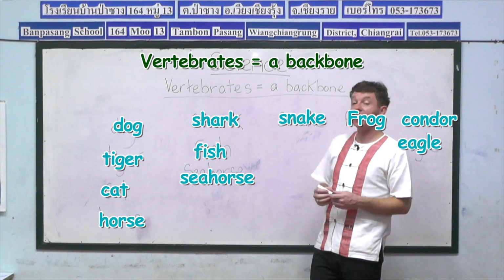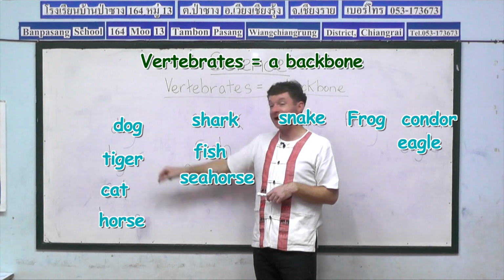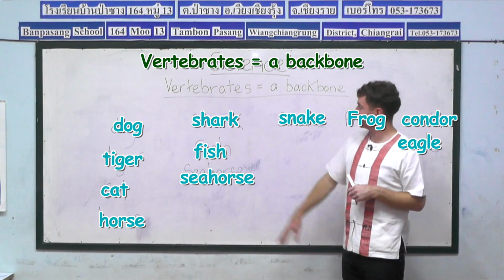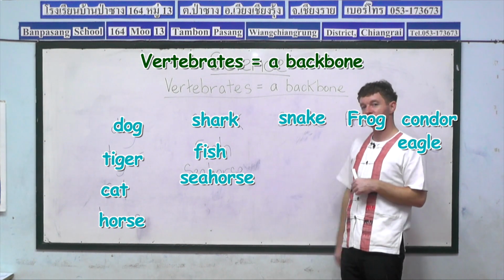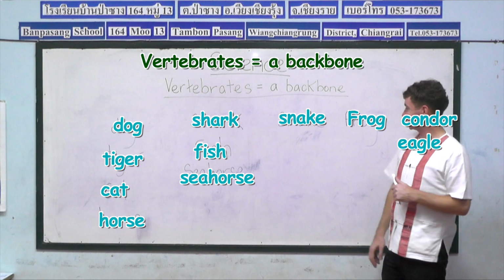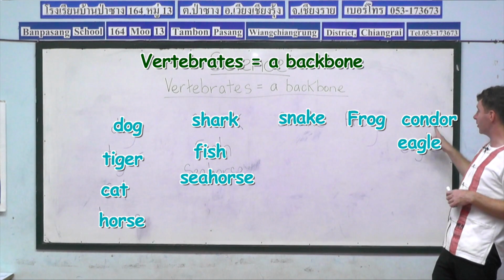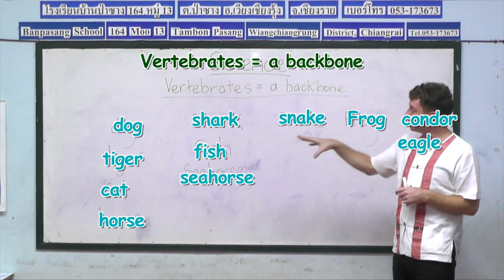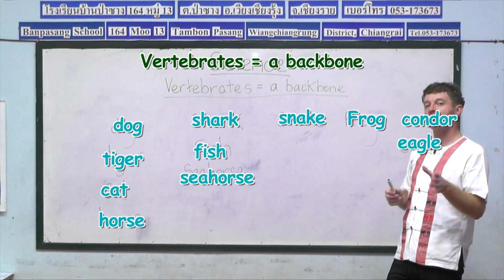S-E-A-H-O-R-S-E. Okay, so far we have dog, tiger, cat, horse, shark, fish, seahorse, snake, frog, condor, eagle.